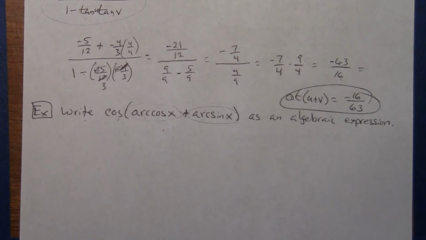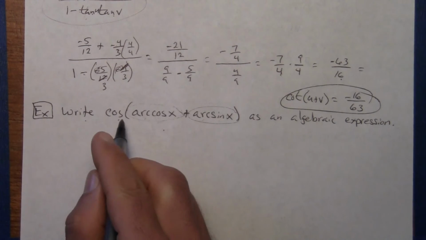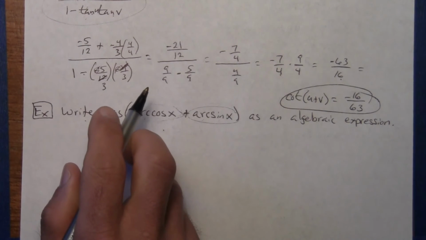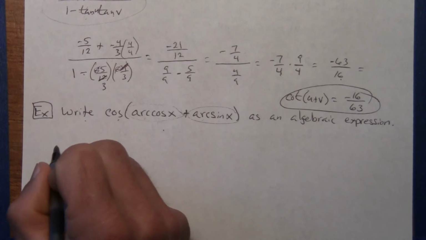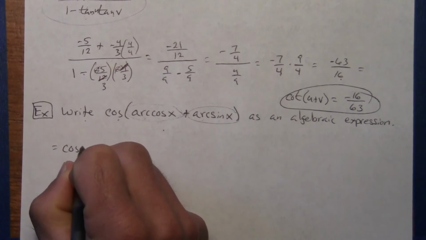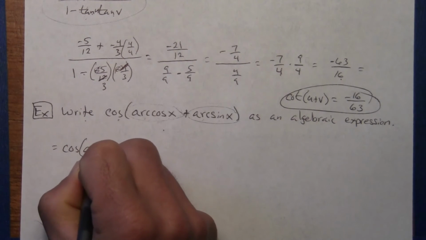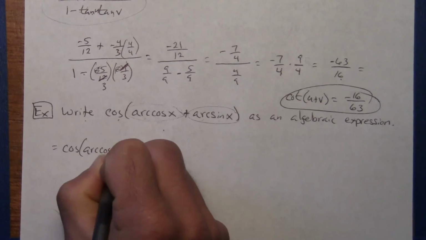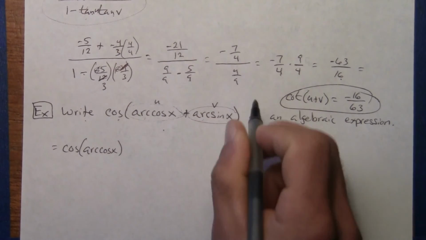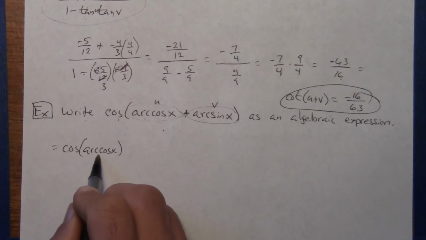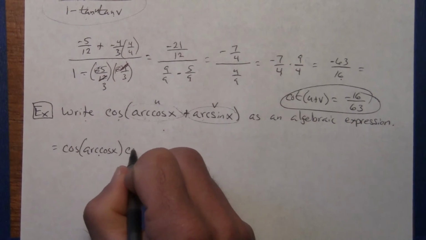So if you go back and look up your identity, if you don't remember it, for the cosine of u plus v, that identity is cosine of u, so cosine of arc cosine x. This is my u and this is my v. So it's cosine of u times cosine of v.